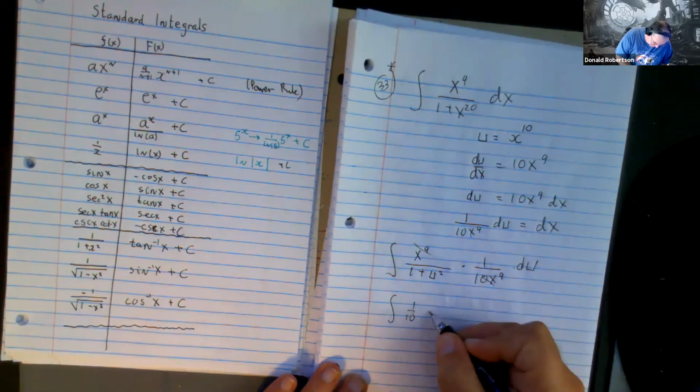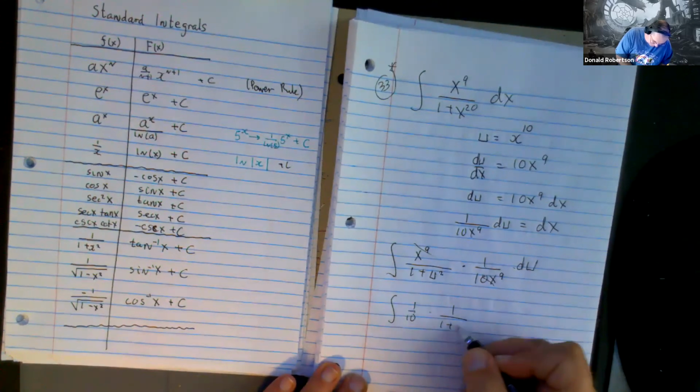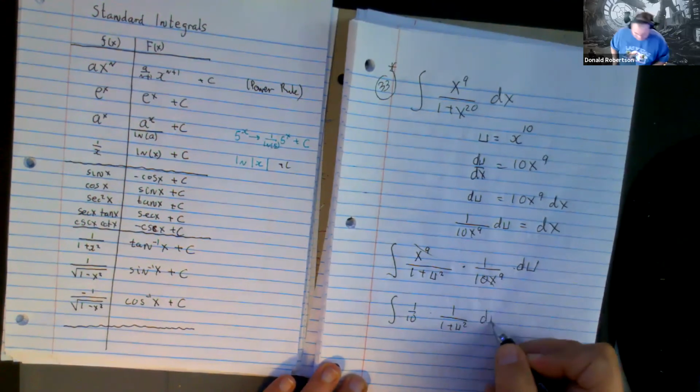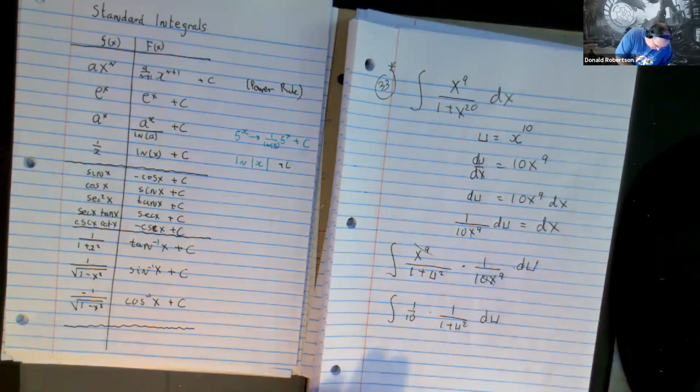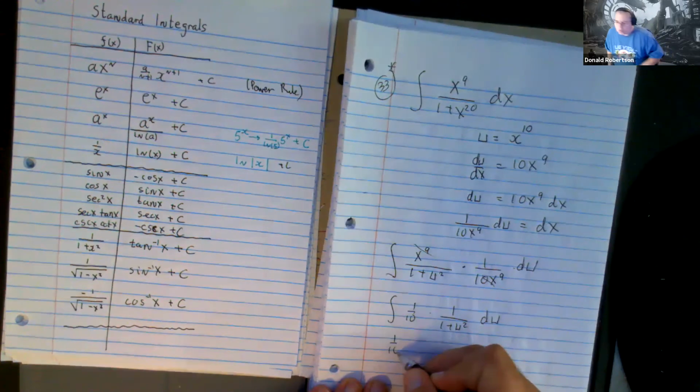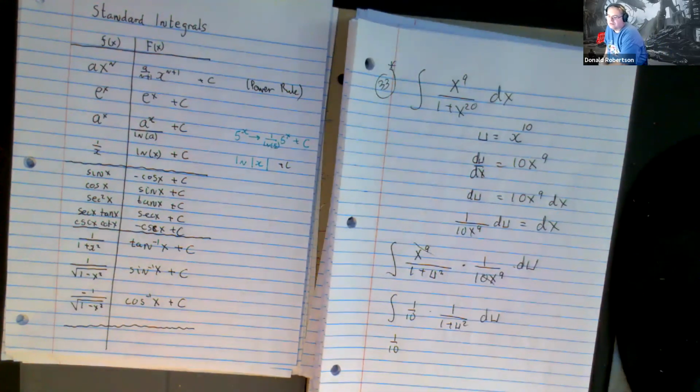I like to separate these guys out. I get that guy. Do you recognize that that guy, well, a tenth, I guess, but do you recognize 1 over 1 plus u squared? What's the antiderivative of that guy? Inverse tangent.